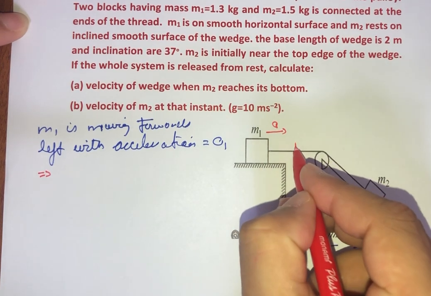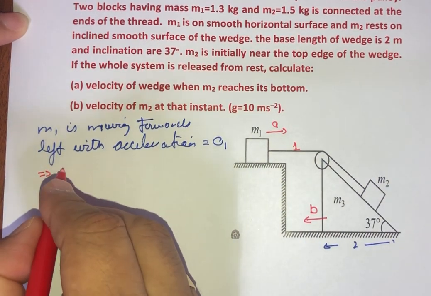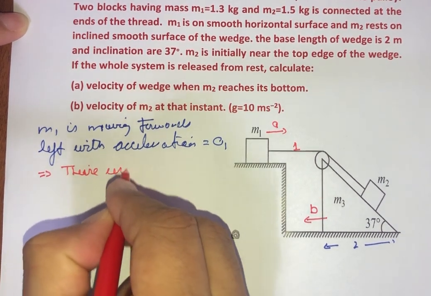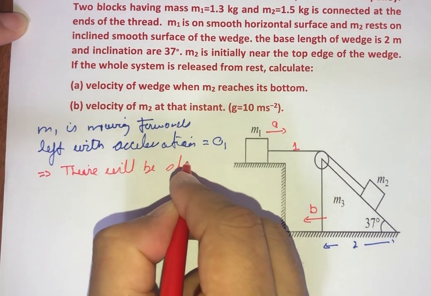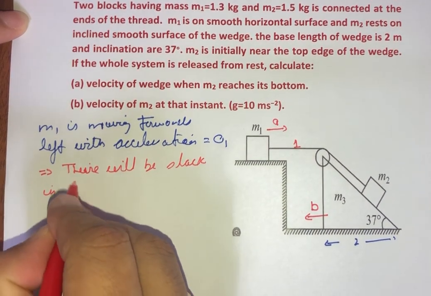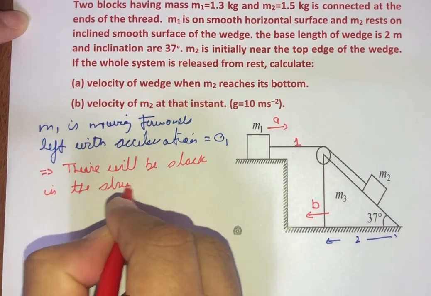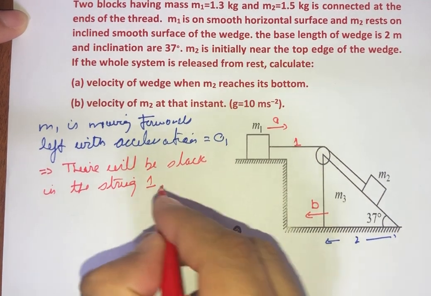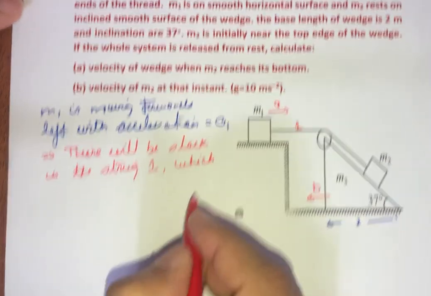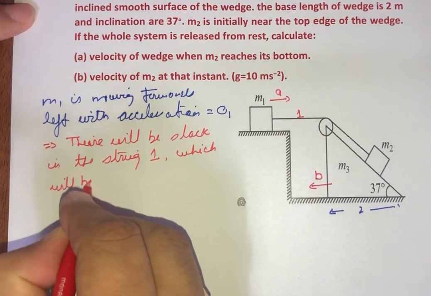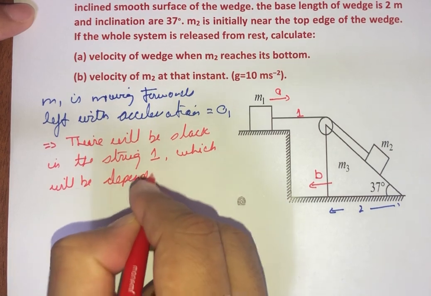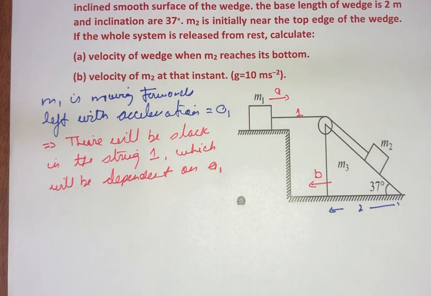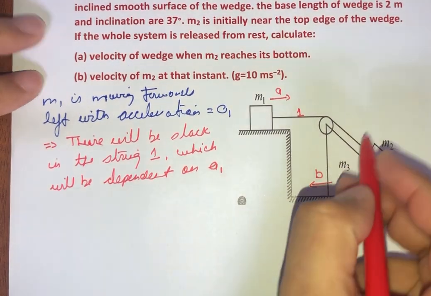Let us call this string 1. There will be slack in string 1, and that slack will be dependent on A1, and let us call this string 2.